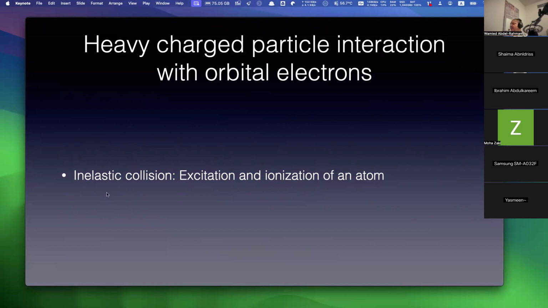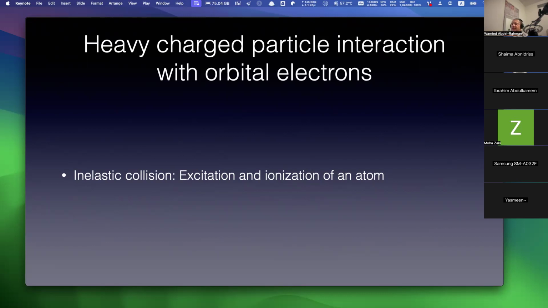we might have an inelastic collision, where in this case, the alpha particle, for example, will give some of its energy to the orbital electron, and this orbital electron can leave the atom, and the atom is left ionized, or it can move to a higher energy level, and the atom is going to be excited.